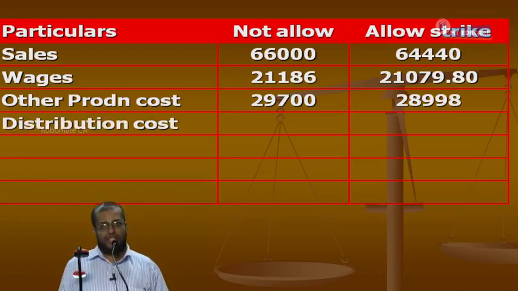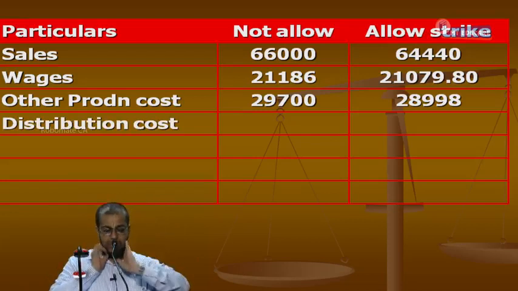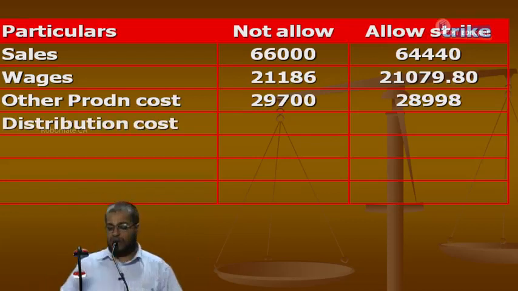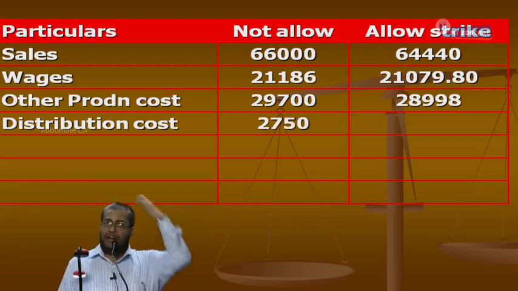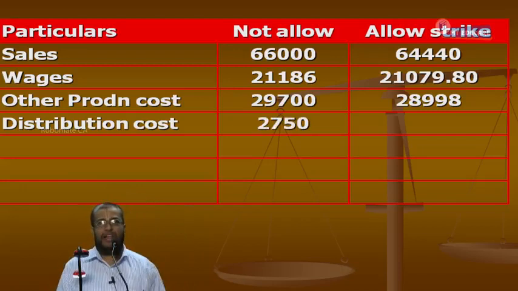Next is distribution cost. What is the variable distribution cost? 100 rupees. In how many missions? 27,500. Please in bracket write 27,500. 100 gives how much? 2,750. 100 into 27,500 gives you 2,750.